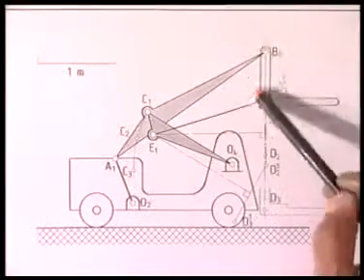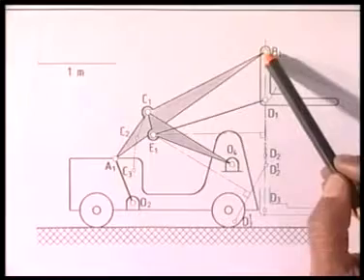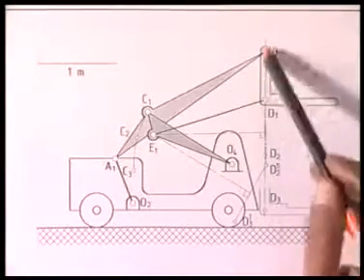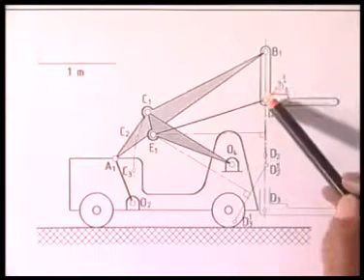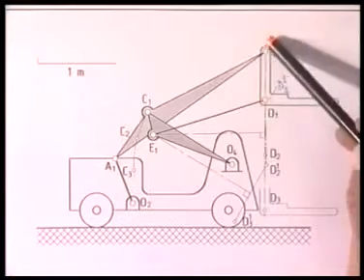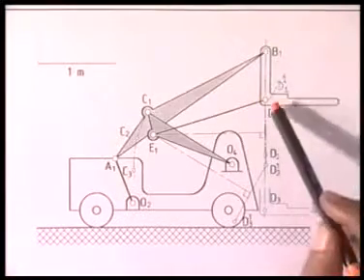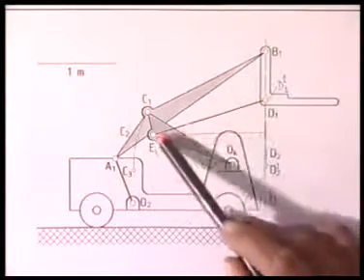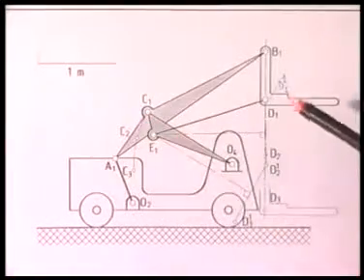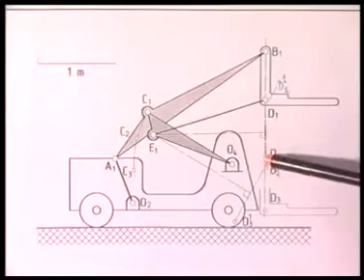As we see, this fork, if it is hinged only at one point, it will swing like a pendulum. So to guide the fork along this vertical path, I choose another point which I call D1, which I choose conveniently on the fork. And now this point D1 with a revolute pair has to be connected to this link 4, that is O4C1, such that D1 goes through D2 and D3.